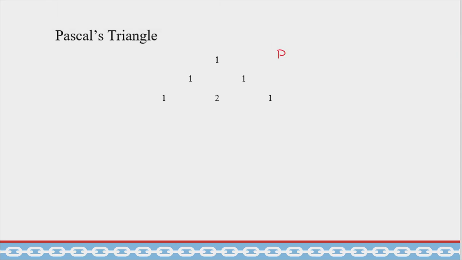So here are the first 3 rows of a number pattern called Pascal's triangle. This would be row 0. This is called row 1, and this is called row 2. I want you to take a moment and look at this and see if you can figure out what is going on here.